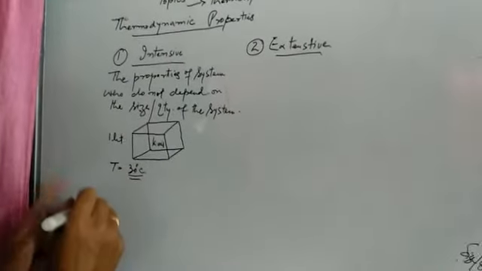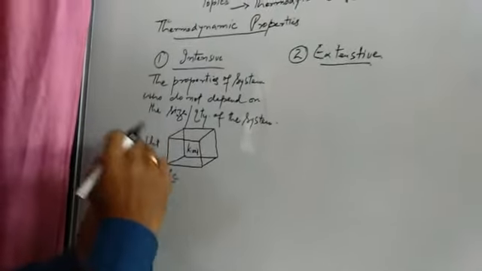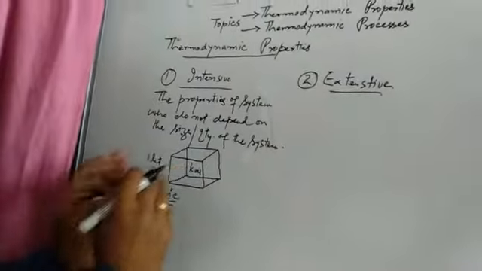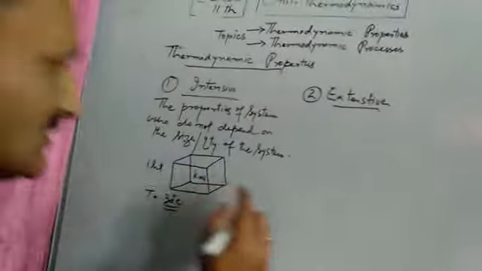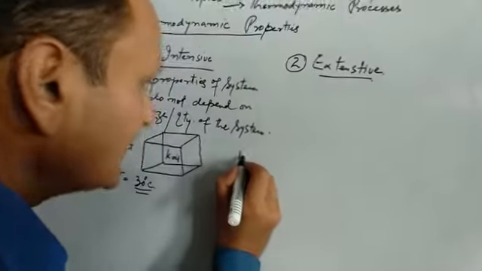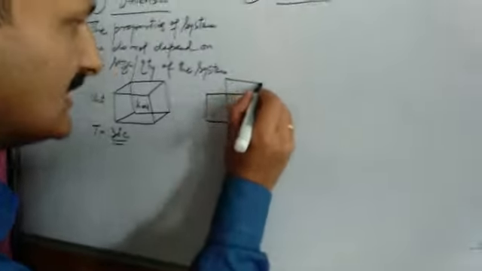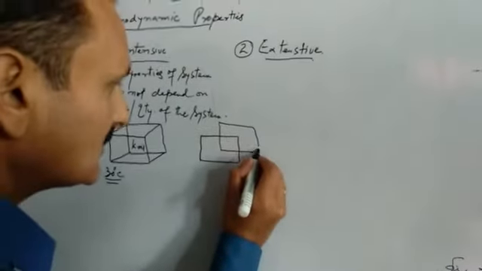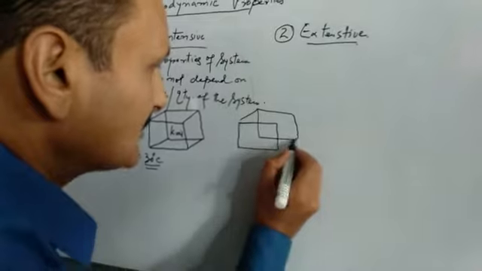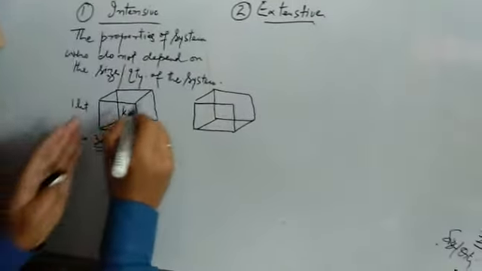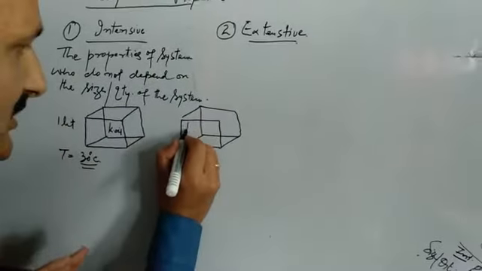Now, what I do, I take half of this. That is, I am decreasing its quantity. I am decreasing its size. Suppose I take another container now of lesser capacity and I put half liter in it, 1/2 liter.